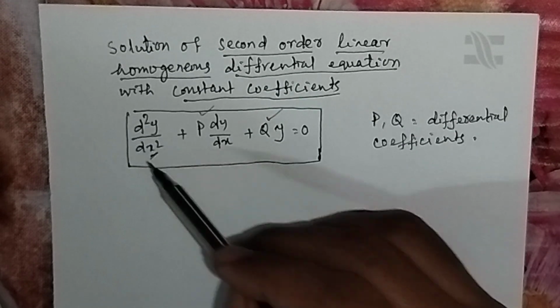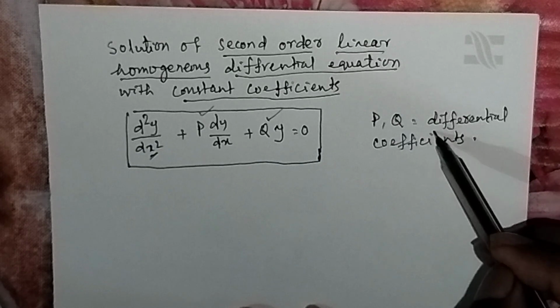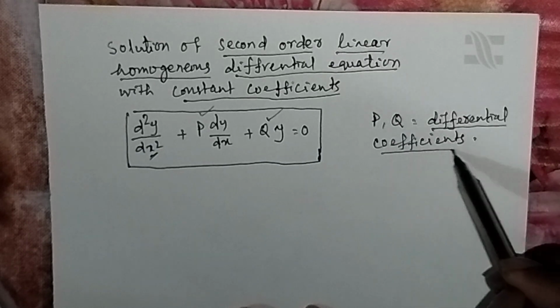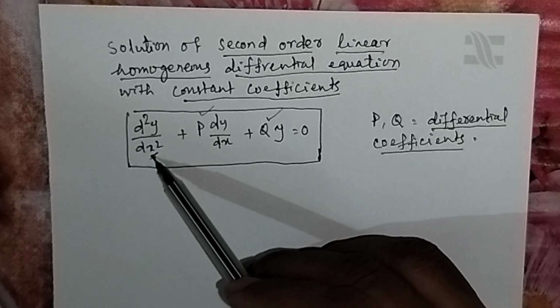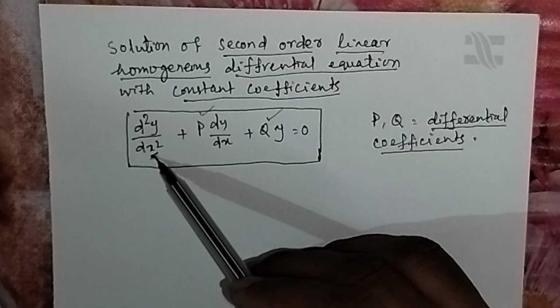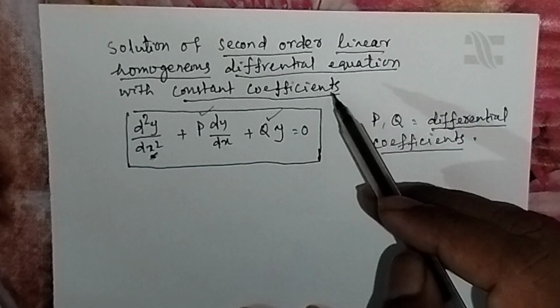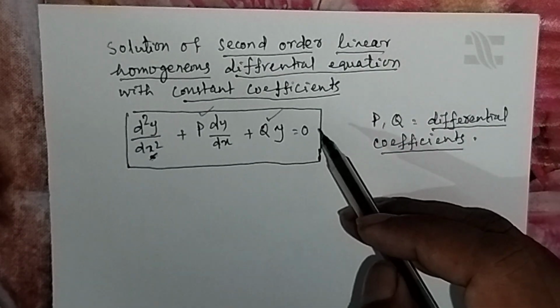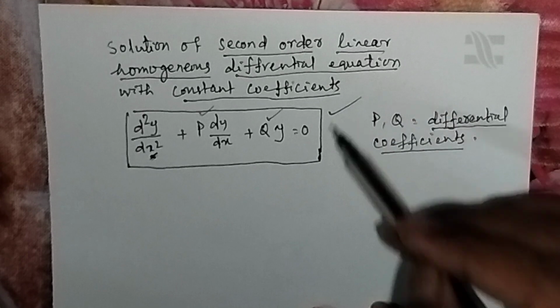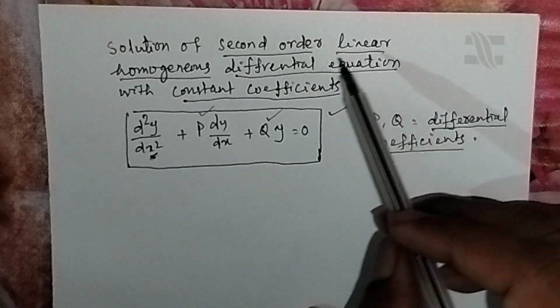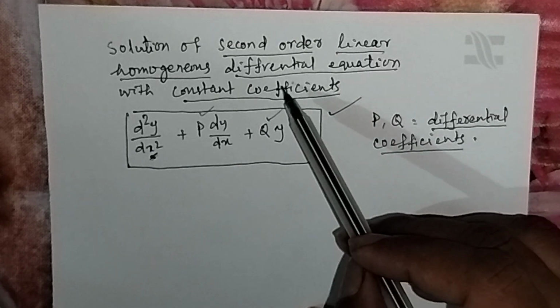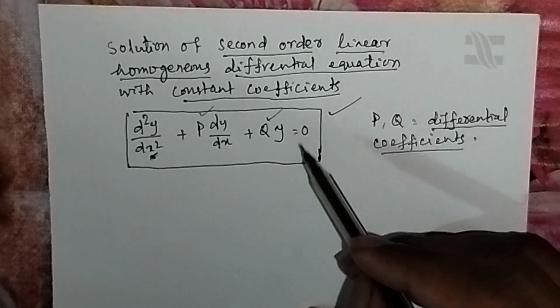Independent variable x. P and q are called differential coefficients, they are not constants, and they are functions of the independent variable. If you have not gone through this equation, watch my previous video, that is second order linear homogeneous differential equation.